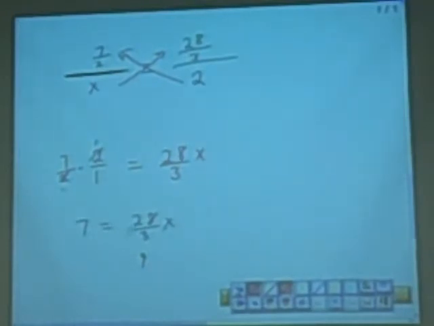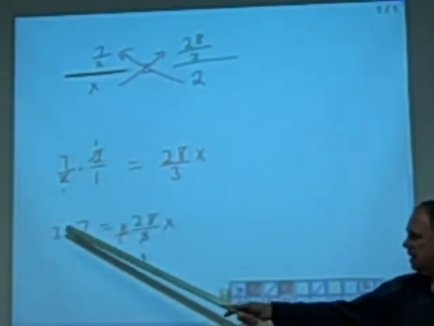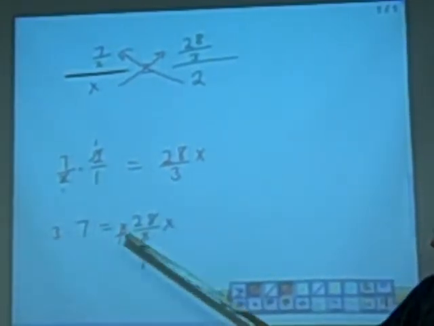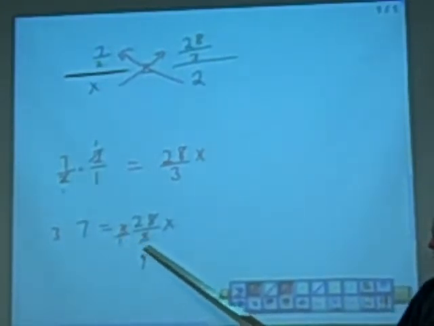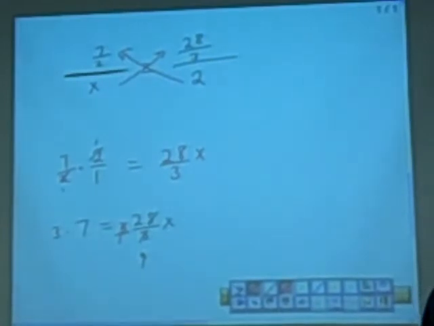So the opposite operation would be to multiply by 3, so that the 3's cancel. But you can't just put a 3 here. You have to make both sides balance, so you have to put a 3 on the other side as well.